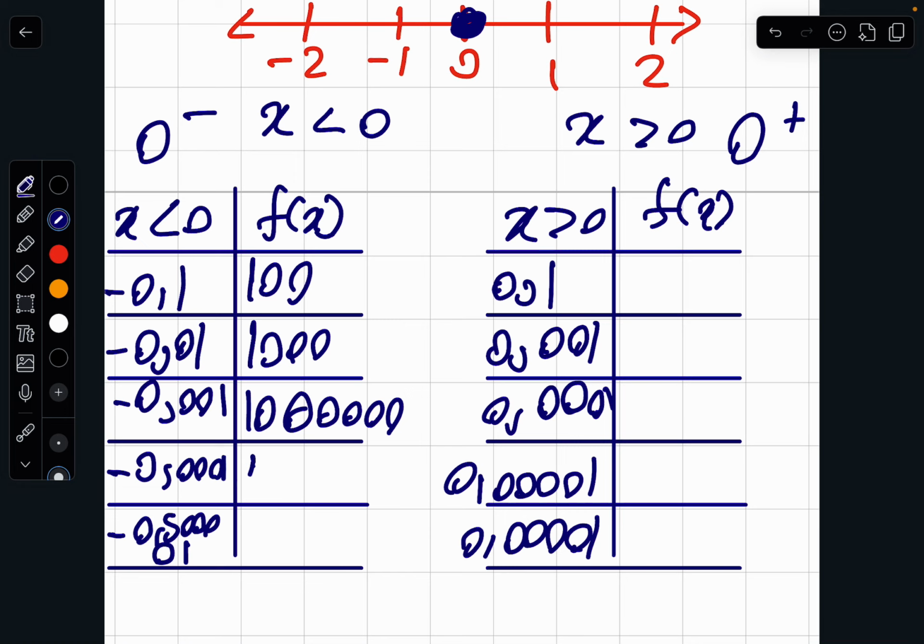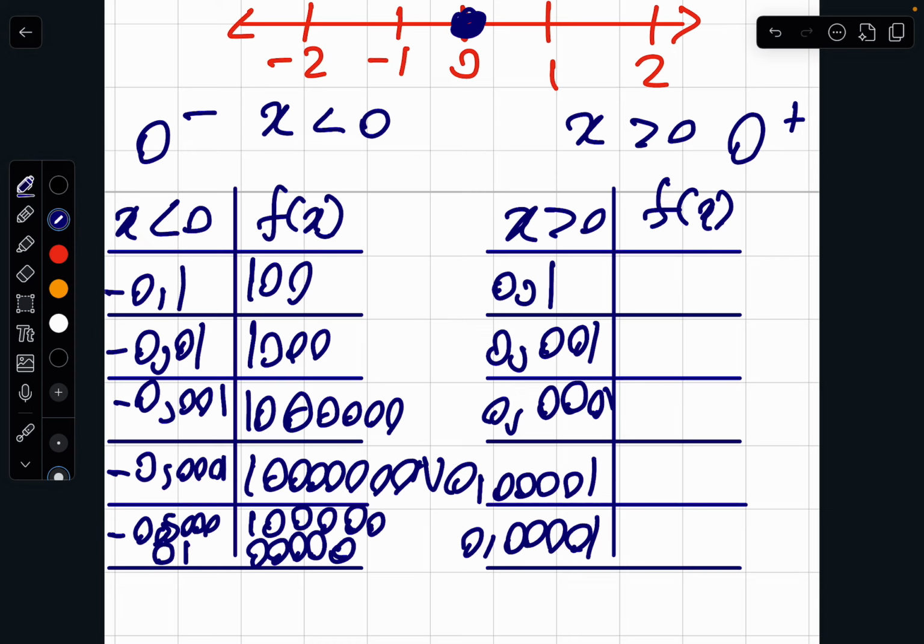Understand? Another one, when you put that 0 again, you're going to get 1 times 10 to the 10. Meaning this thing has 10 zeros.